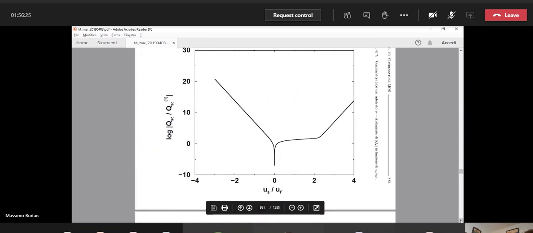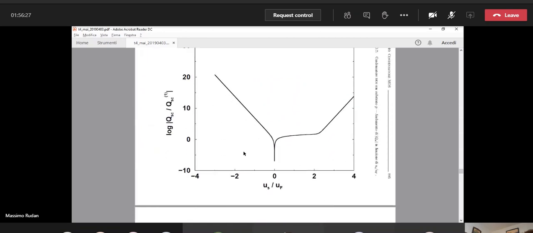Then we have the negative values. Again, you have another exponential with a slope that is minus US divided by 2. And then you have the region in between, in which qualitatively you can see a behavior like that of a square root, okay?